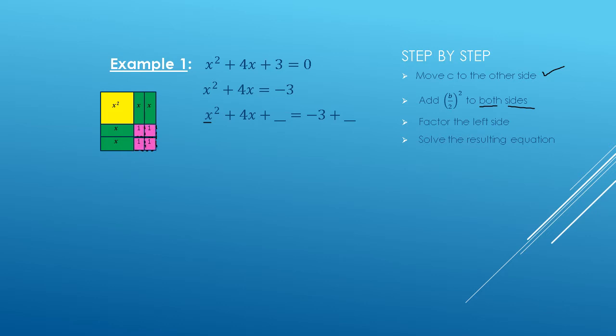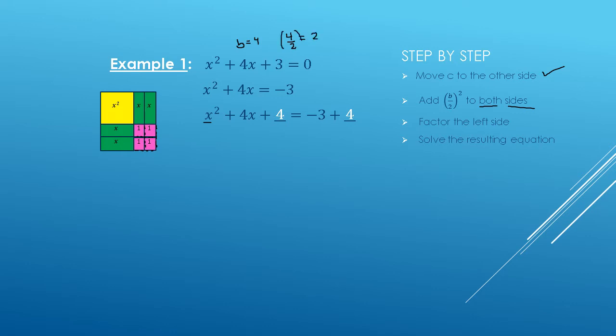Okay, there they are. So how do we get that? How do we get that we need to add 4 ones to make this into a square? Well, the formula over here says to take b, and here's b, right? So b here is 4. And so what I need to do is take half of that, so half of b, which is 2.